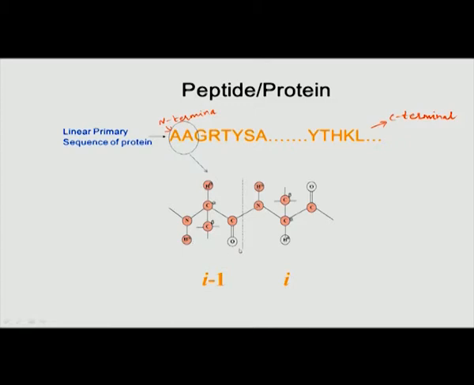Okay. So, when in the next few classes we discuss I minus 1 like that, it should immediately come to your mind that I means any amino acid which is self. So, we use the word self. Let me write that down. We say this is self and we say this is sequential.